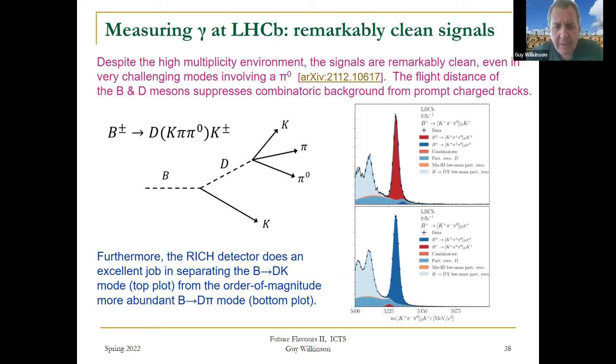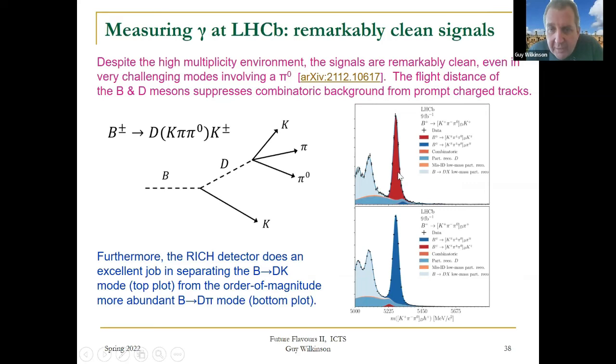In making these measurements, we need to worry about possible pollution. As well as the B to D K, we have a B to D pi mode, and B to D pi is a background process which is an order of magnitude more prevalent. So this would lie on top of the signal. So to reject it, you actually need these RICH detectors, which LHCb has, so you can decide whether you're wanting to look for a kaon or a pion. So in the top here, we see the reconstruction of the kaon mode.